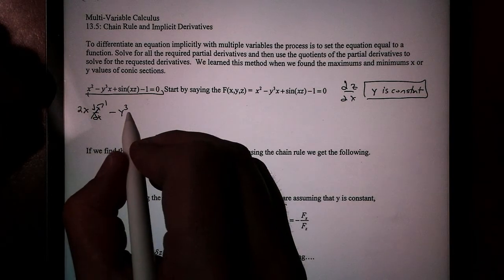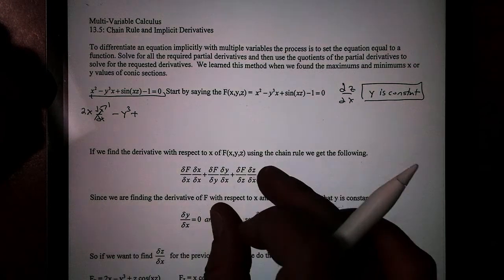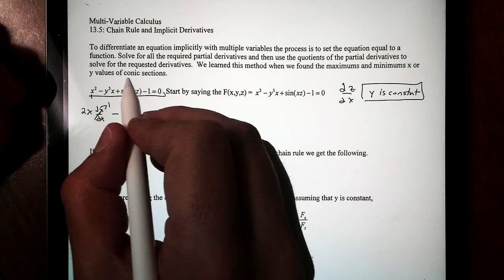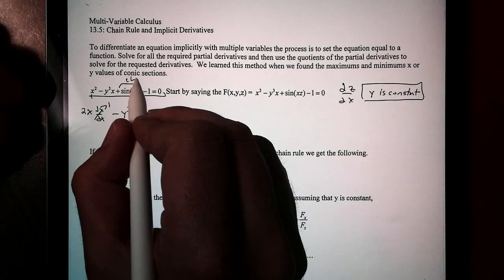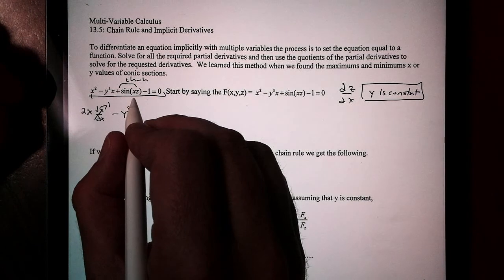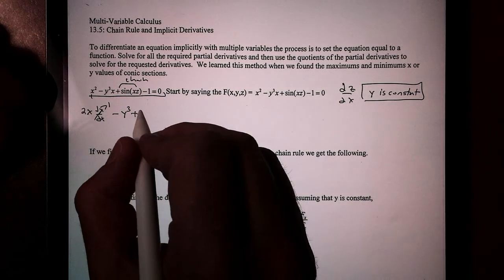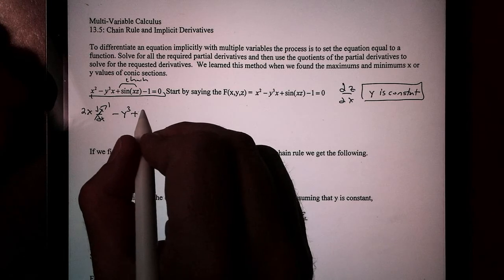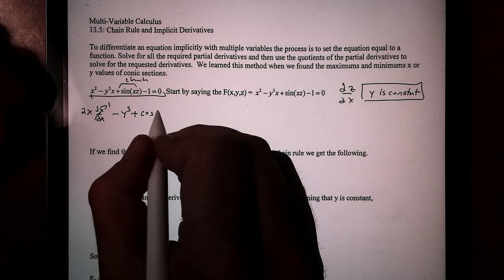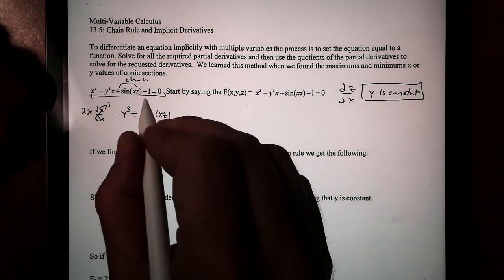And then we go over here, plus. Now we've got the sine of xz. So this is our chain rule right here. We take the derivative of the outside, which becomes cosine of xz, and then multiply by the derivative of the inside.